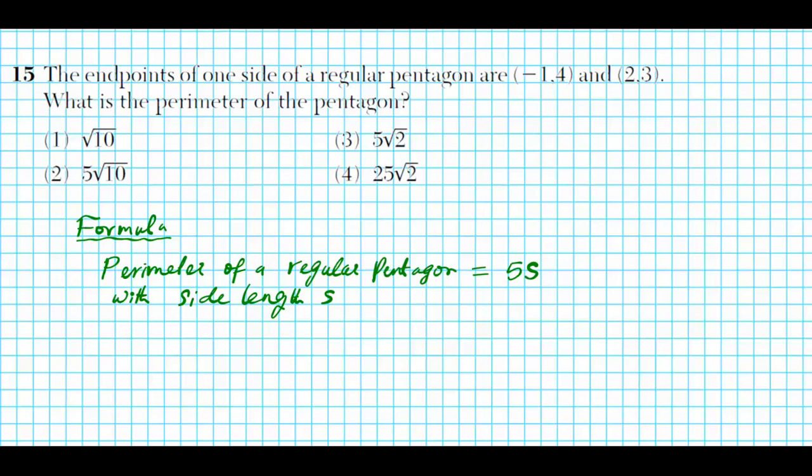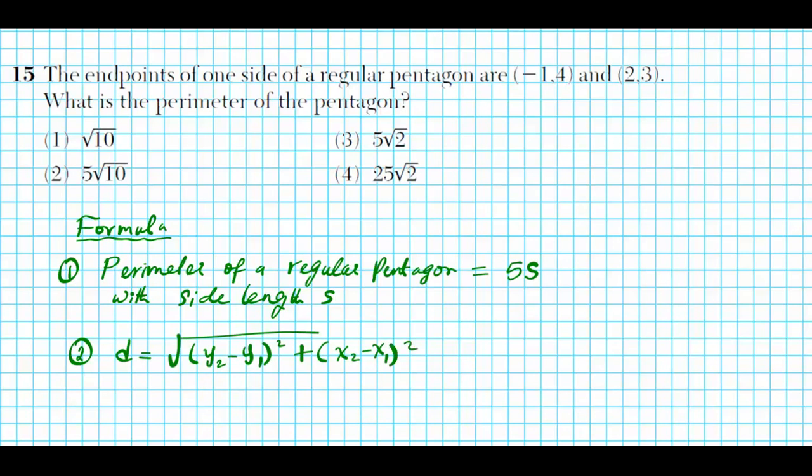Okay, and then the second formula you need to know is your distance formula to help you compute the length of the side. The distance formula D is given by the square root of (y2 minus y1) squared plus (x2 minus x1) squared.